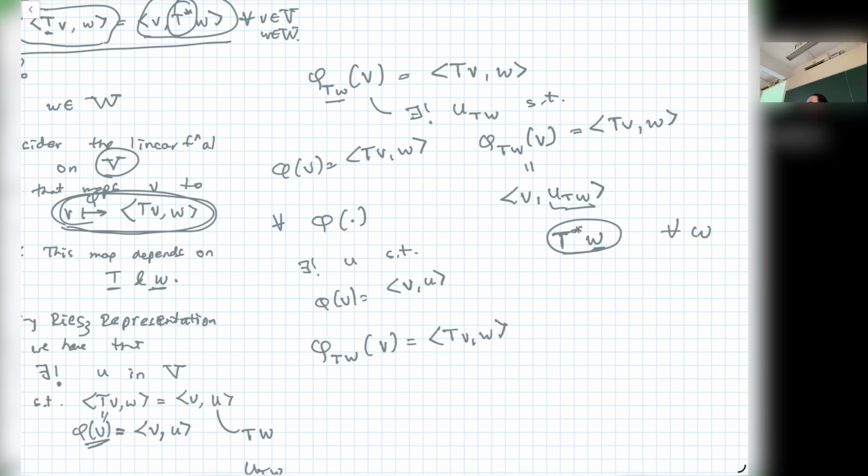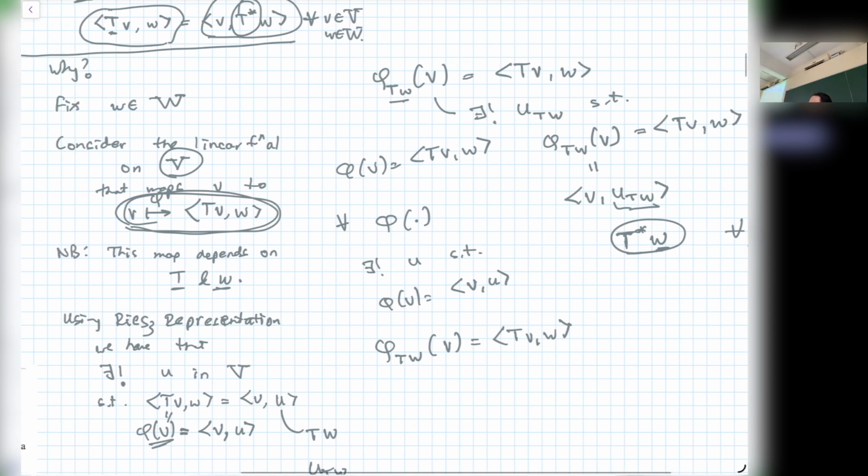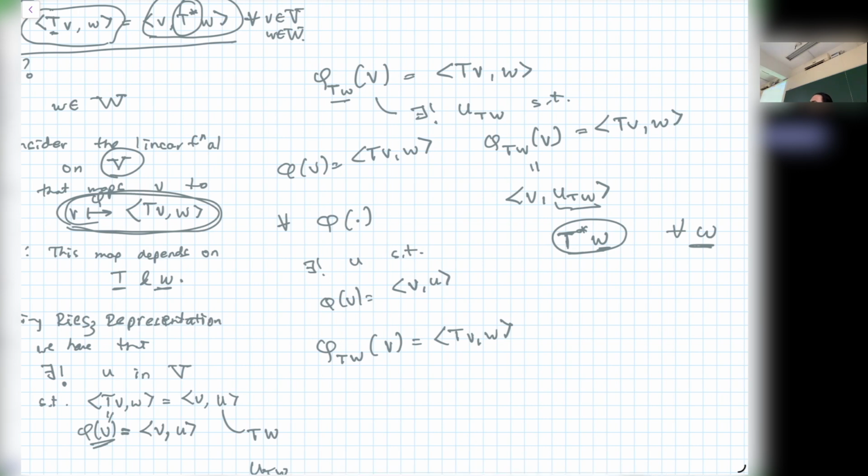You could just pick some basis in capital W and see which vector you have to map it to using this. For each basis element, you would have a unique vector to which it maps, and everything else will follow by linearity. This will make sense.